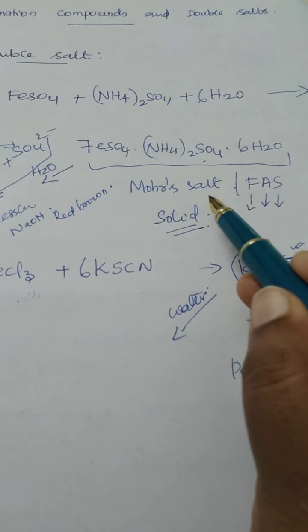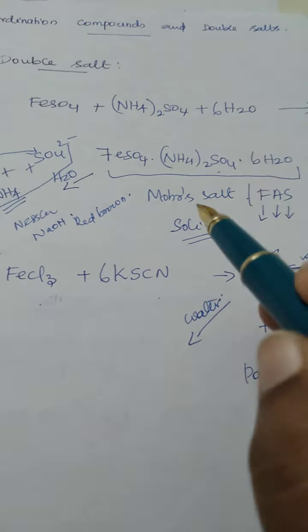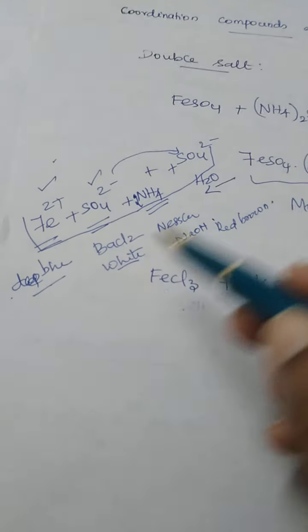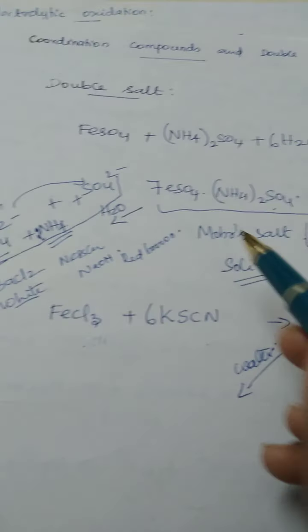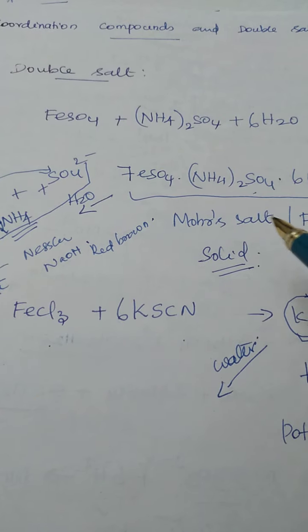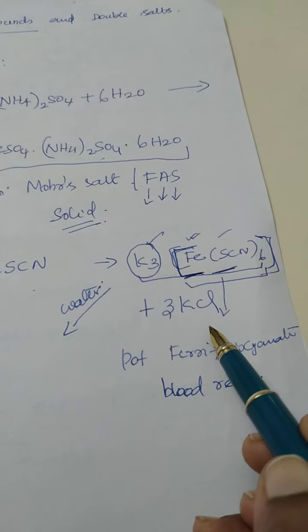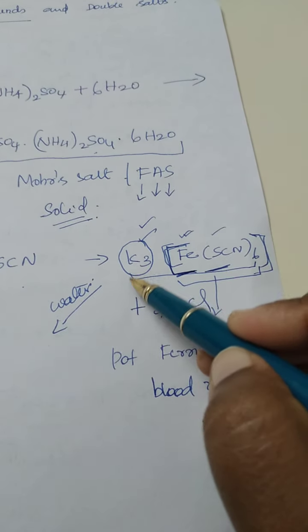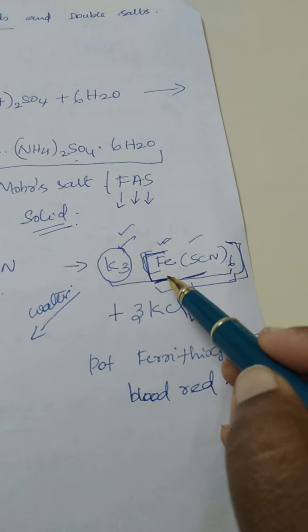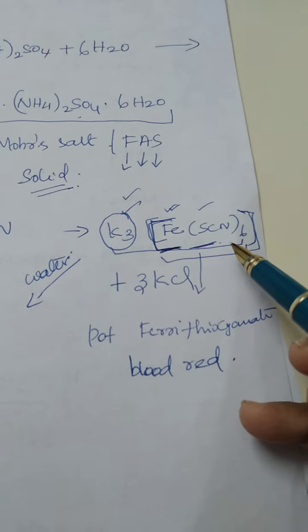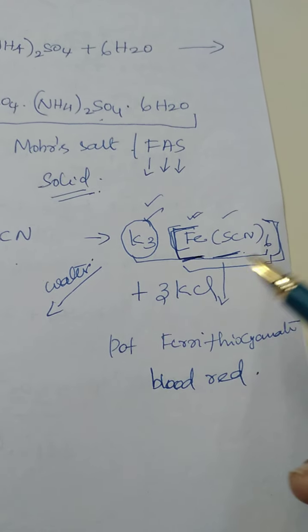But when the double salt is dissolved in water, it loses its identity and dissociates into the different ions. When it was one, it seemed to be a solid. When it is dissolved in water, it has the character of different ions. But when this complex is dissolved in water, they found only the test for potassium. For the remaining ferric as well as thiocyanate, they tried the test, but they did not answer.